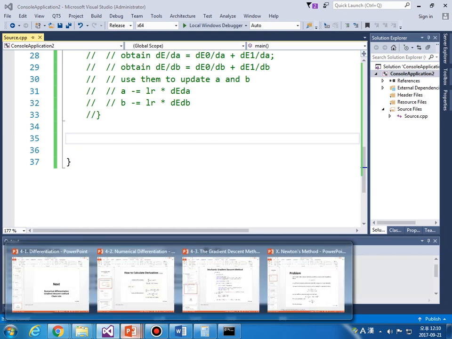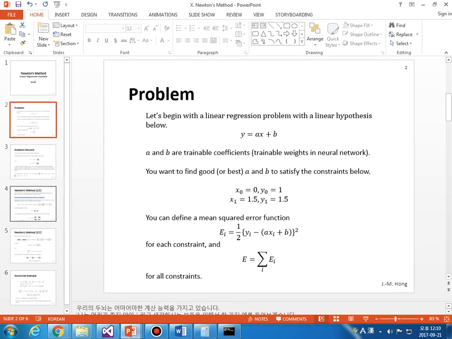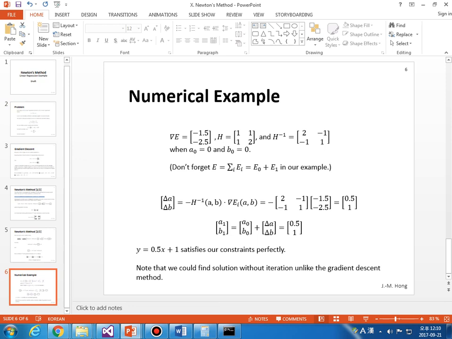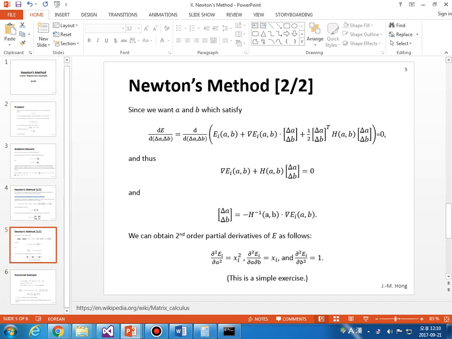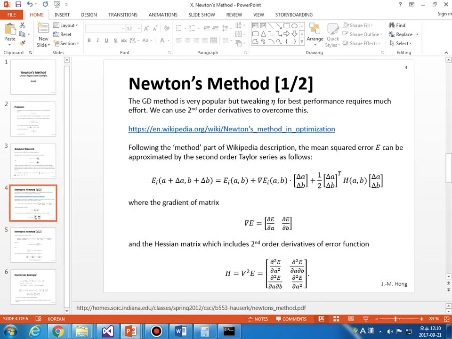Okay, so for Newton's method, first we need to define some matrices. First we need to define gradient E. Let's go to here.